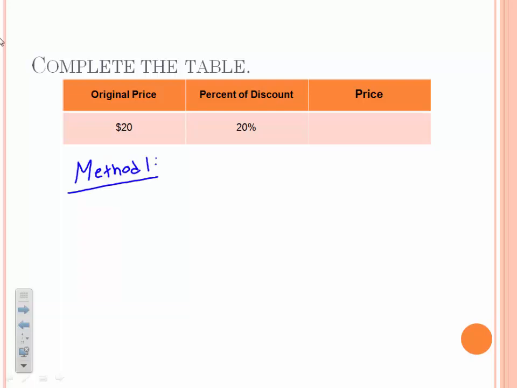Okay, method 1. We take 20% of 20 to find out what our discount amount is. So 0.2 times 20, we multiply that and we get 4. So our discount is $4 off. So now we subtract the $4 off to find out that our sale price is $16. All right, but what about method 2?